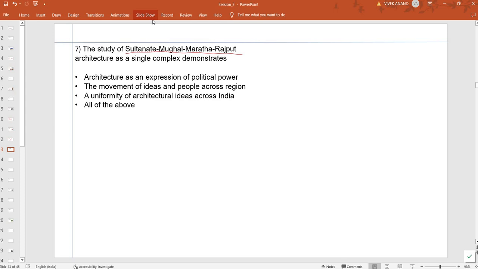First option says architecture as an expression of political power. So can it be right? Architecture as an expression of political power. Yeah, that's obvious also. Whenever there is any ruler, they try to increase their influence by art, building different types.